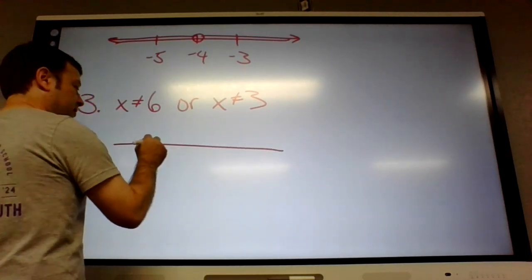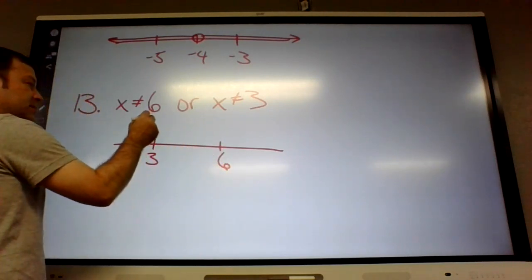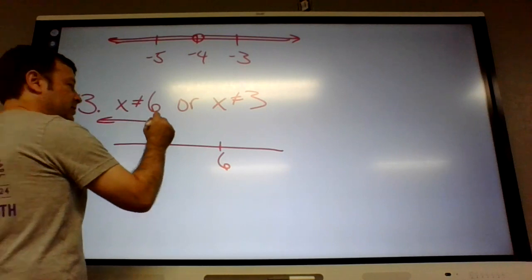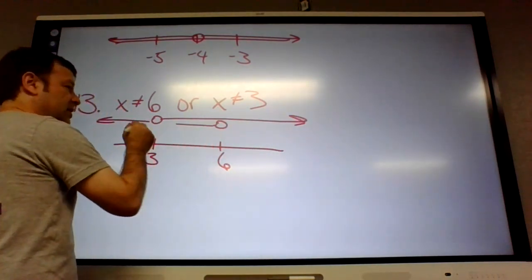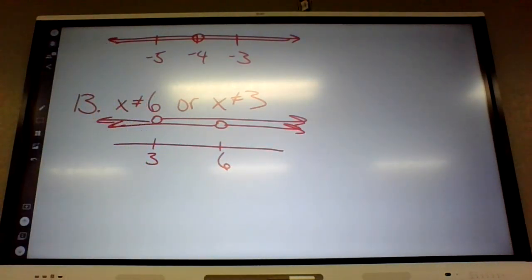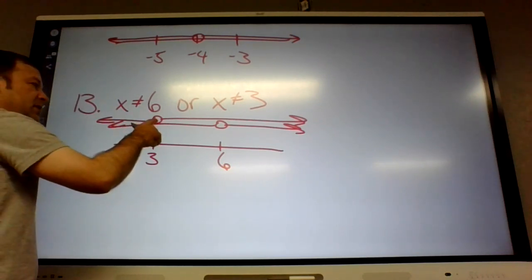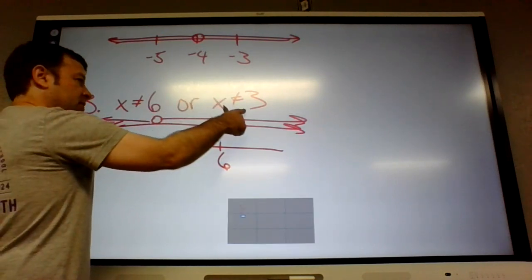No, we're not supposed to graph these. I'm just doing it to help us. The numbers that are not equal to 3 are all these, so everything but 3. Numbers not equal to 6 are all these, everything but 6. Can you give me a number that doesn't fit that qualification? If I say 3, is 3 not equal to 6 or 3 not equal to 3?